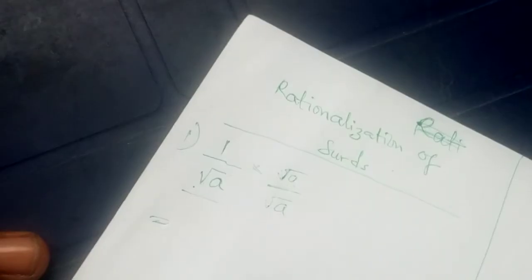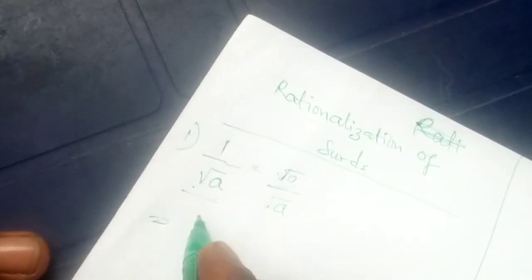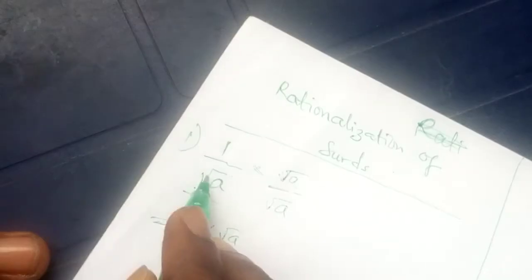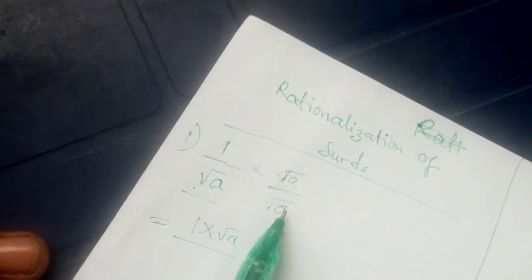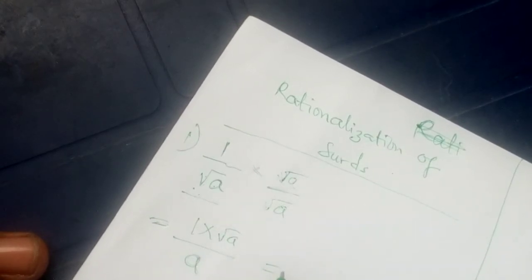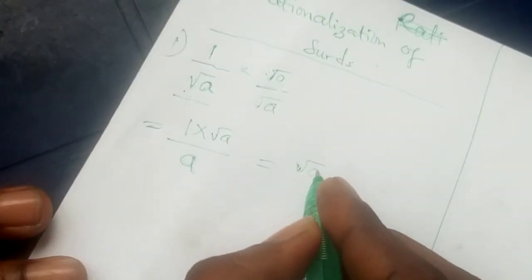We multiply this way, so we have 1 times root A. Then from our knowledge of surd, root A multiplied by root A is going to give us A. So because of that, we have root A over A. That's our final answer.